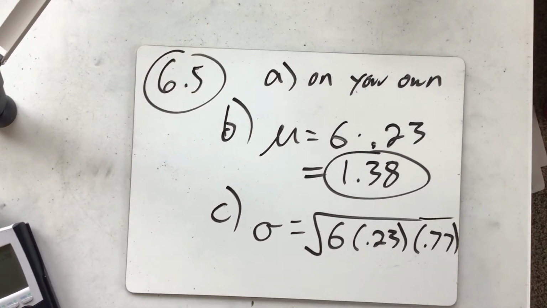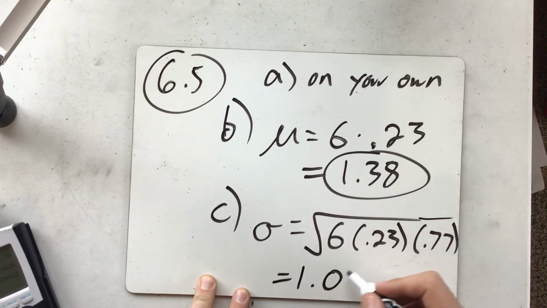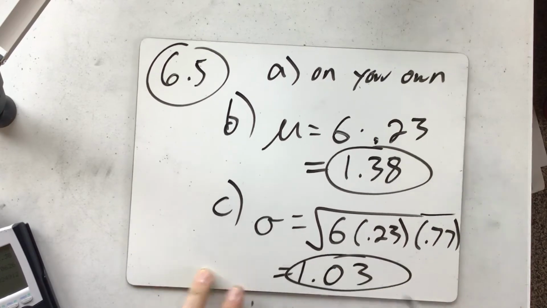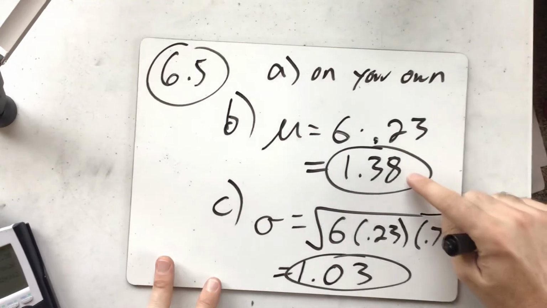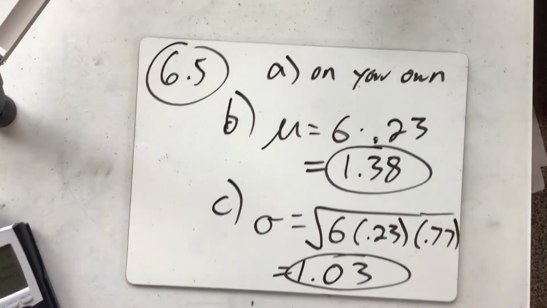And now this, we just simply type into our calculator and come up with our answer. And we've got 1.03. So when Messi shoots 6 shots, he averages 1.38, and he has a standard deviation of 1.03. So it gives you some picture of what it looks like when he shoots.